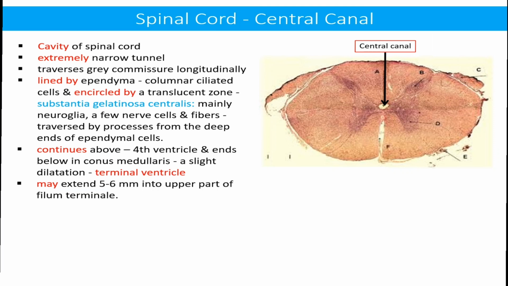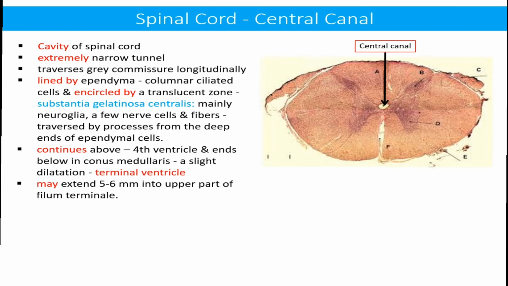It is lined by ependyma, the columnar ciliated epithelial cells, and is encircled by a translucent zone, the substantia gelatinosa centralis, which mainly consists of neuroglia and a few nerve cells and fibers. This substantia is traversed by processes from the deep ends of the ependymal cells.